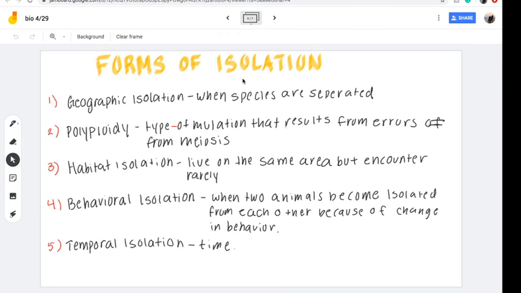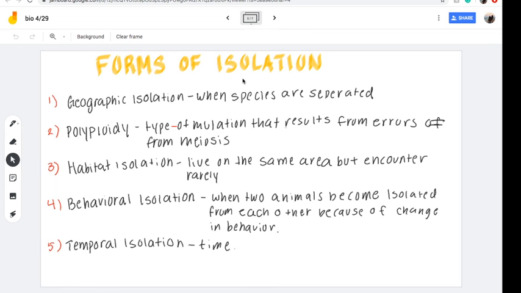Then the last thing we talked about is the forms of isolation. First, geographical isolation is when species are separated. Polyploidy is a type of mutation that results from errors in meiosis. Then we have habitat isolation, which means they live in the same area but encounter each other very rarely.